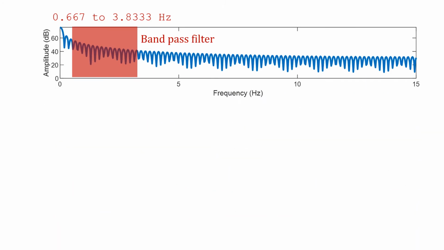So now, if I need to design a bandpass filter, I would like that bandpass filter to be right there, those frequencies between 0.6 and 3.8, and the center frequency, if you do the numbers, will be 2.25 hertz.